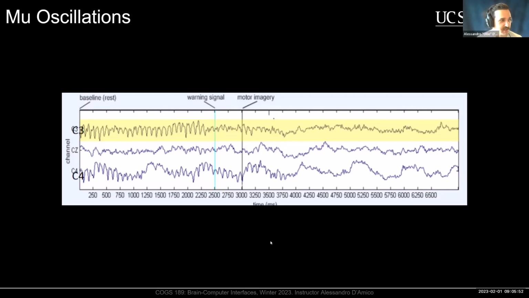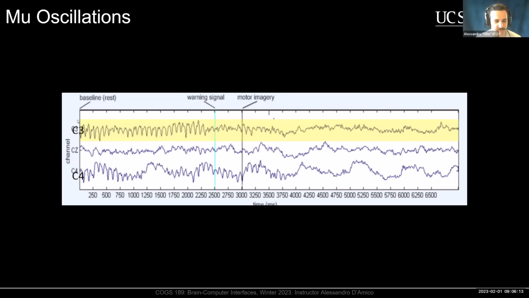So the heart of motor imagery lies in these oscillations called mu oscillations. And they're named mu because they sort of resemble the Greek character mu, the lowercase mu, just one after the other, sort of following each other in this cascade. And here we've plotted 3 channels.